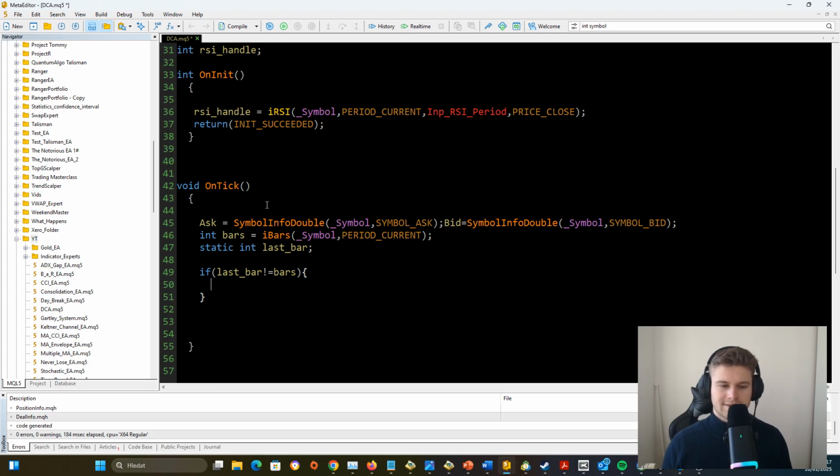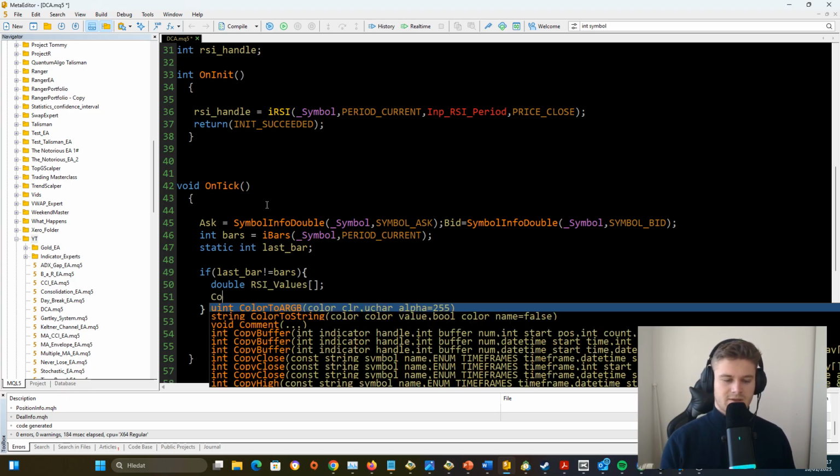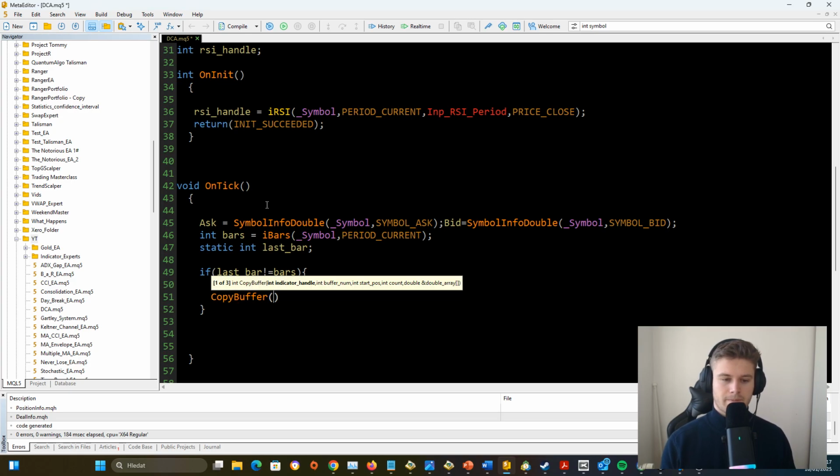What I will do is that I will get my RSI values. So what I will do here is that I will create an array RSI values. Okay, I will use the CopyBuffer function.